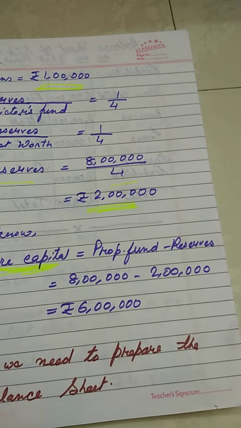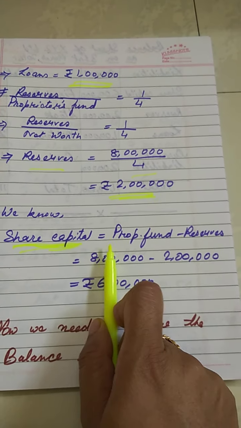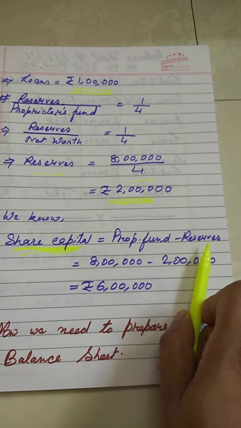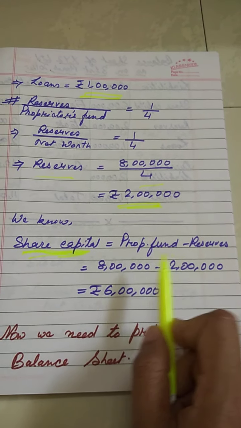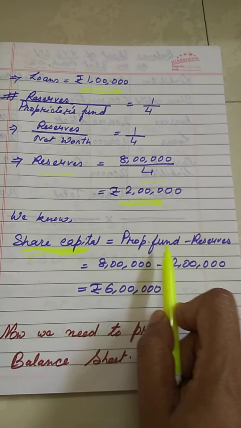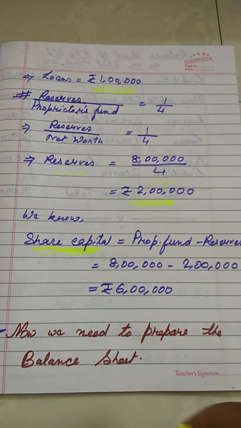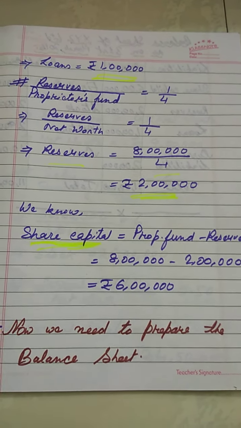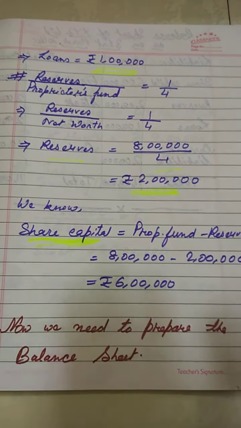We have derived actually, right? So we will write like this: share capital equals proprietor's fund minus reserves. By solving we are getting share capital as 6 lakh. It all matches. It doesn't matter if you write proprietor's fund and reserve and you are not writing share capital, but in order to give it some more accuracy to the looks of the balance sheet, we can do this.